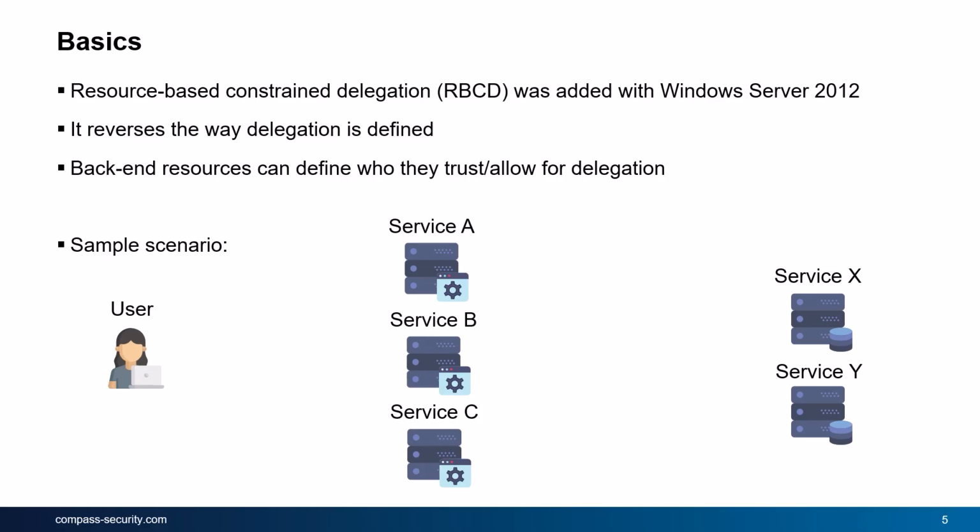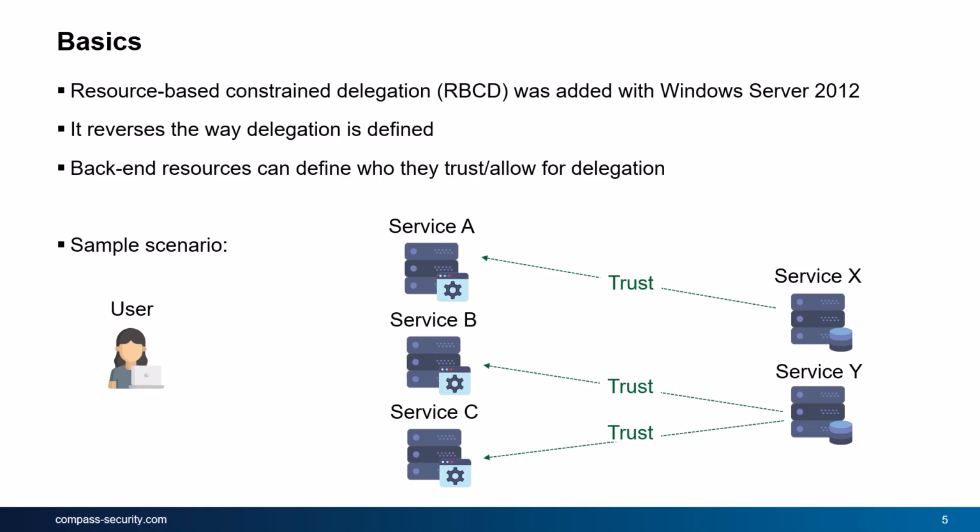If we look at a quick sample scenario, we have our user, several front-end services and some back-end services. The back-end services are now the ones that define the delegation trust. So service X might only trust service A for delegation, and service Y might trust services B and C for delegation. Previously, before resource-based constraint delegation, it was always the other way around.